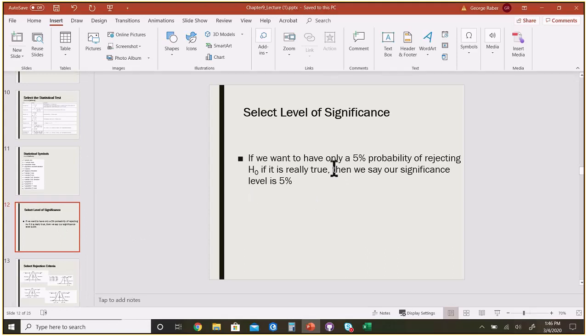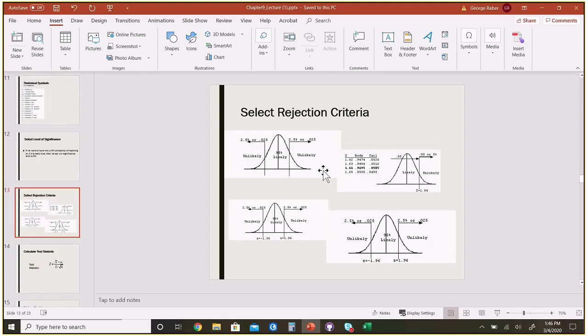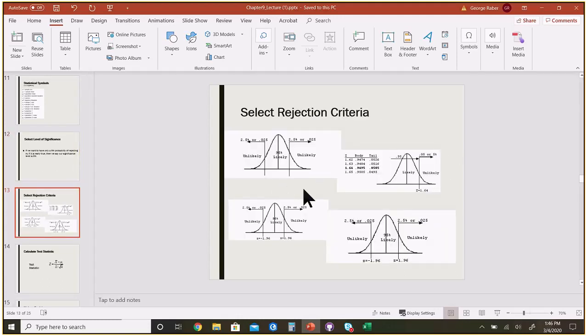Okay. So it said if we only want to have a 5% possibility of rejecting H0 if it's really true, say our significance level is 0.05. We covered that. Now, we do need to think about how that goes in, because so far what I've covered is whether it's different. And when it's different, we call that a two-tailed test. And we're testing the middle of this curve, and so we actually divide our confidence interval in half.